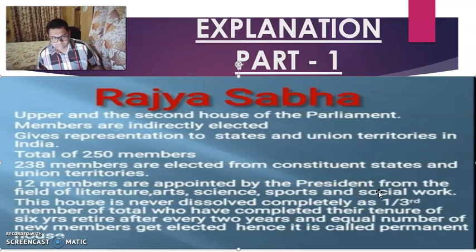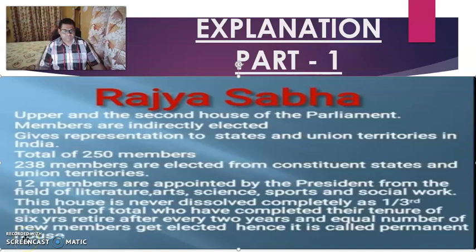This house is never dissolved completely, as one third of the members who have completed their tenure of 6 years retire after every 2 years, and an equal number of members get elected in their place. Hence this house is called the permanent house. Understood, children?